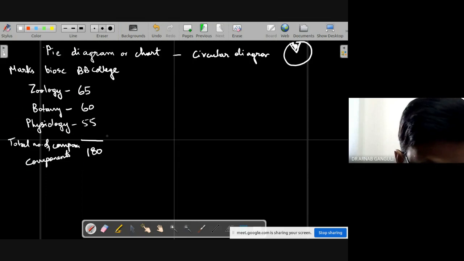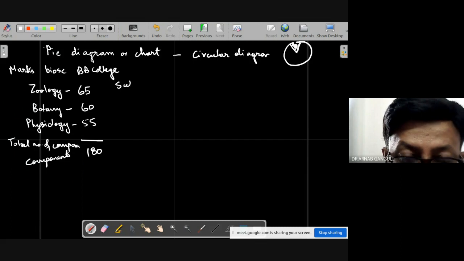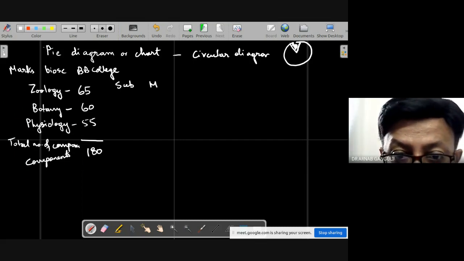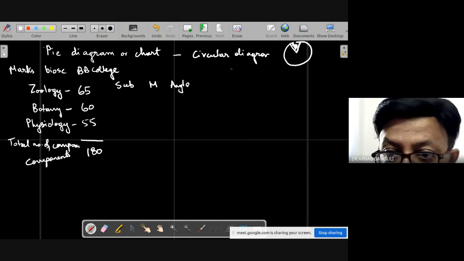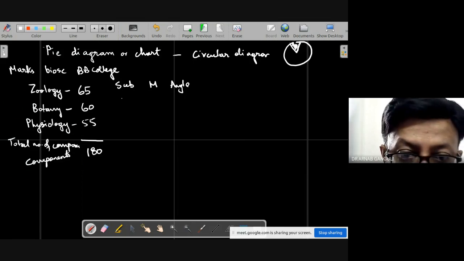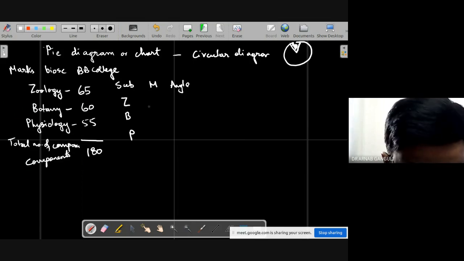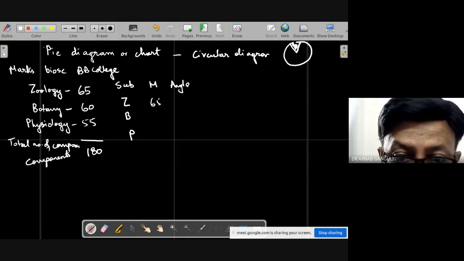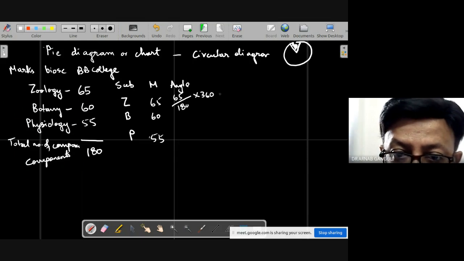Now, you make a table: subject, marks, and one more is angle, because here you have to make an angle. Zoology, botany, physiology: 65, 60, 55. Now what will the angle be? 65 by 180, 180 is total, into 360 of the circle, and that is equal to 130 degrees.